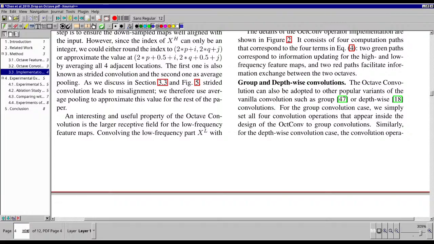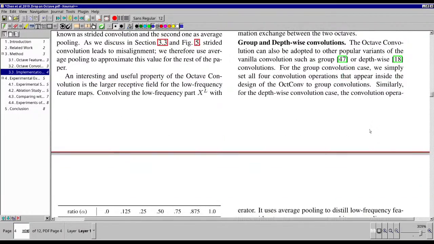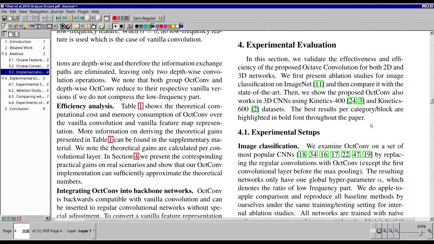Similarly, for depth-wise convolution, the convolution operations are depth-wise, and therefore the information exchange paths are eliminated, giving only 2 depth-wise convolutions.